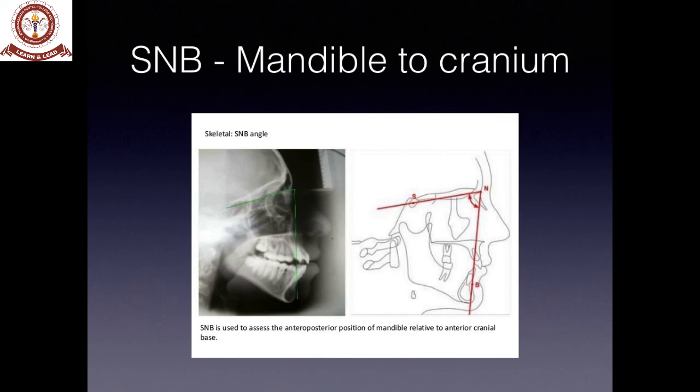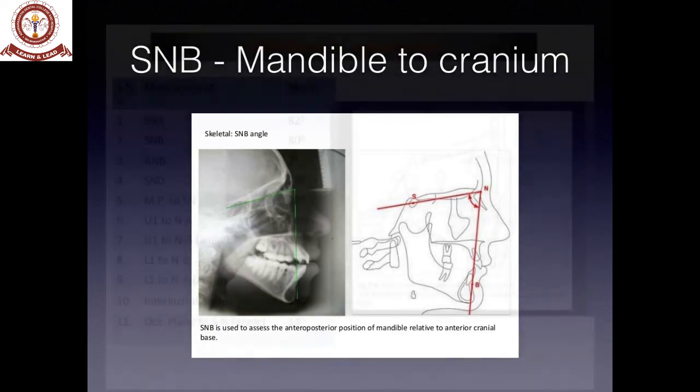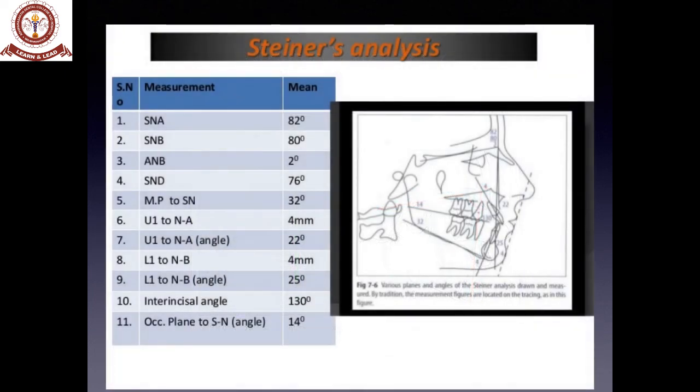So why are these angulations being measured? For example, in the Steiner's analysis, almost 11 measurements have been done. You can see this SNA, angulation of the maxilla to the cranium, SNB, angulation of the mandible to the cranium. The angle ANB is the angulation between the maxilla and the mandible. So this is how it has been graded.